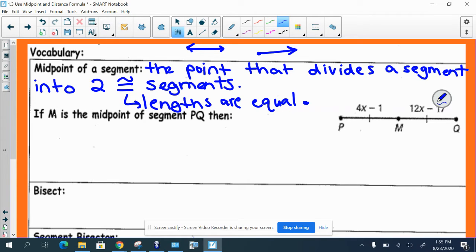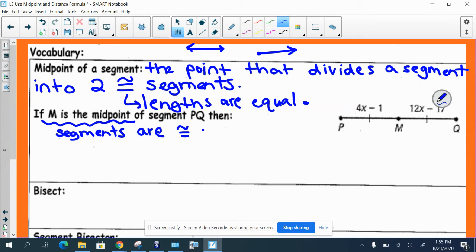All right, so this question says, if M is the midpoint of segment PQ, then, well, according to the definition of a midpoint of a segment, we know that the segments are congruent. So if M is the midpoint, then the segments are congruent.